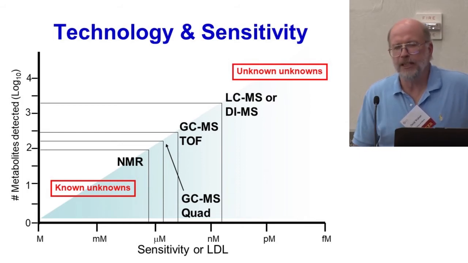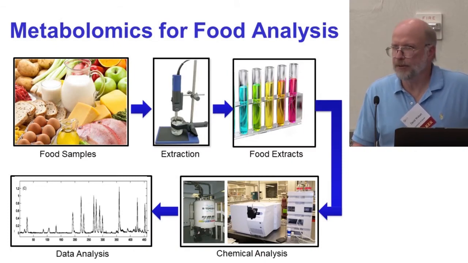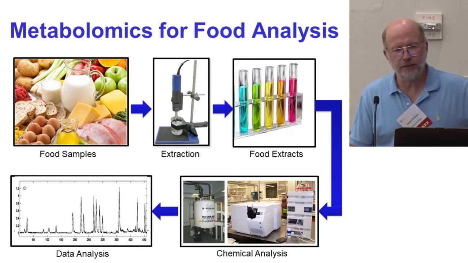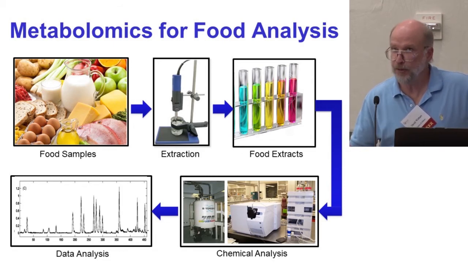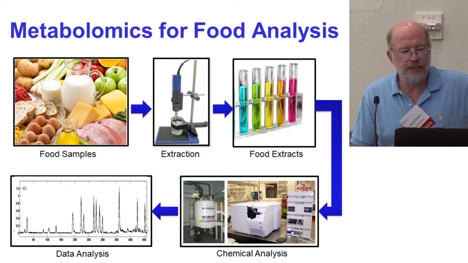Now, metabolomics can and is being applied to food analysis. The workflow is a little different in that instead of working with tissues from a living organism that you wouldn't eat, you're looking for tissues of organisms that you do eat. You'll look at plants, you'll look at meat, you'll look at grains, oils, milk. In some cases, if it's solid, you'll extract.